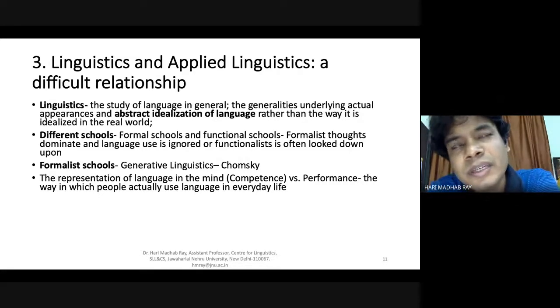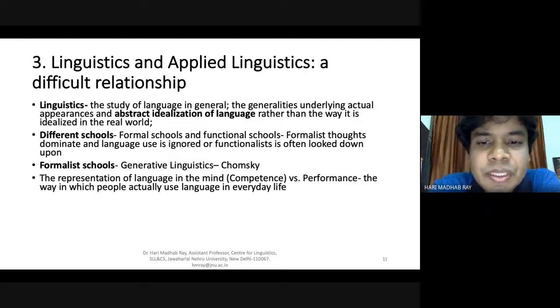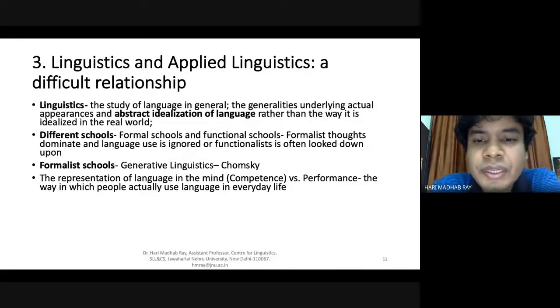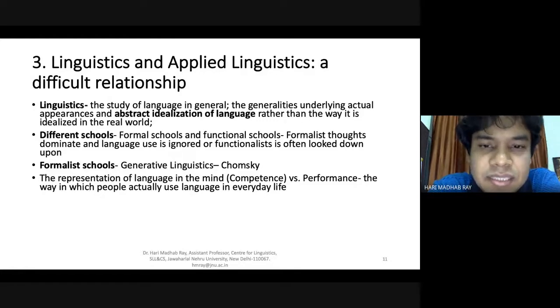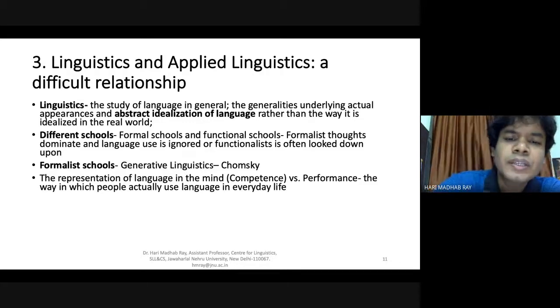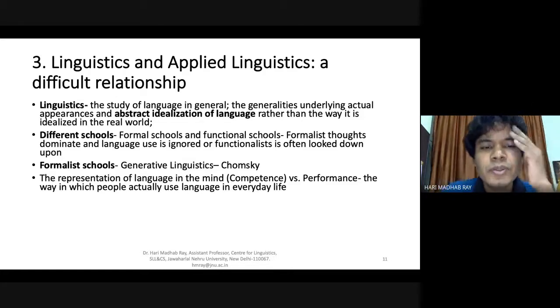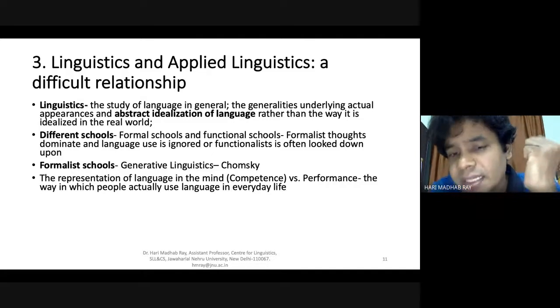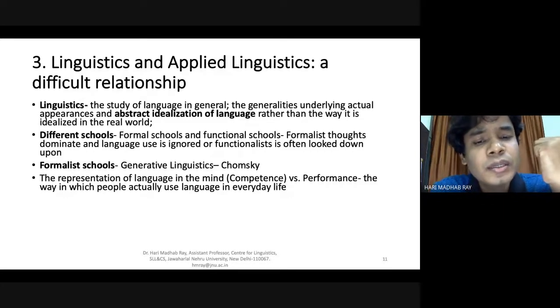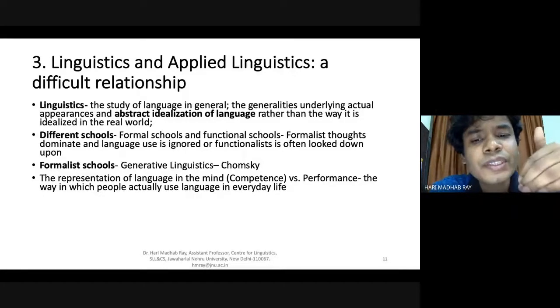Followed by Syntactic Structures, you have the standard theory, the extended standard theory, then principles and parameters, which came somewhere around the 1980s, and then the latest, 1995, the minimalist program. The main understanding of this generative school, if you have a little understanding, is that the representation of language is somewhere in the mind.